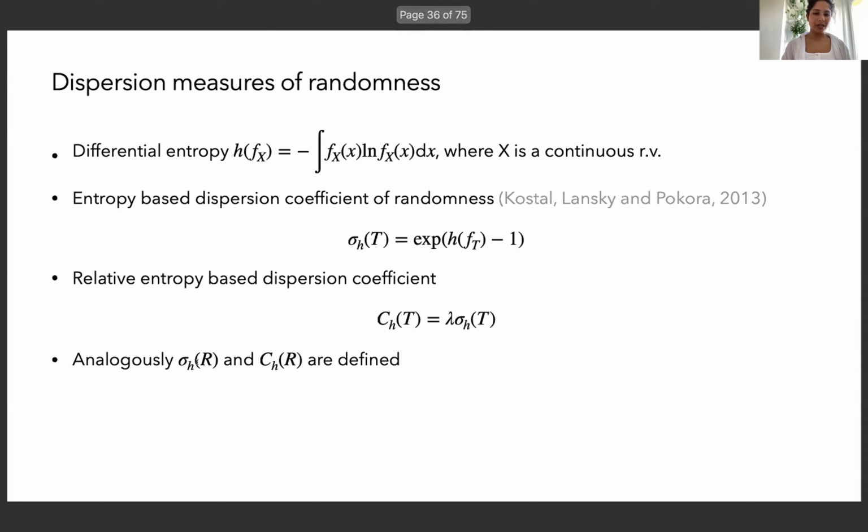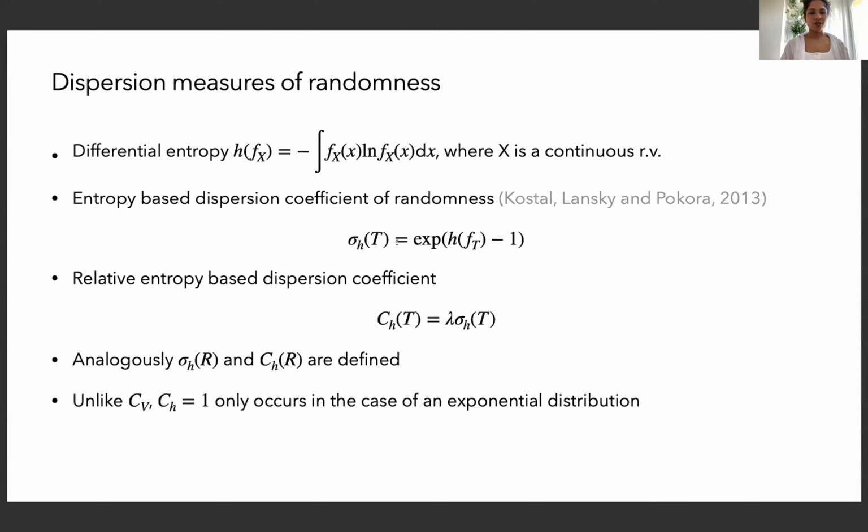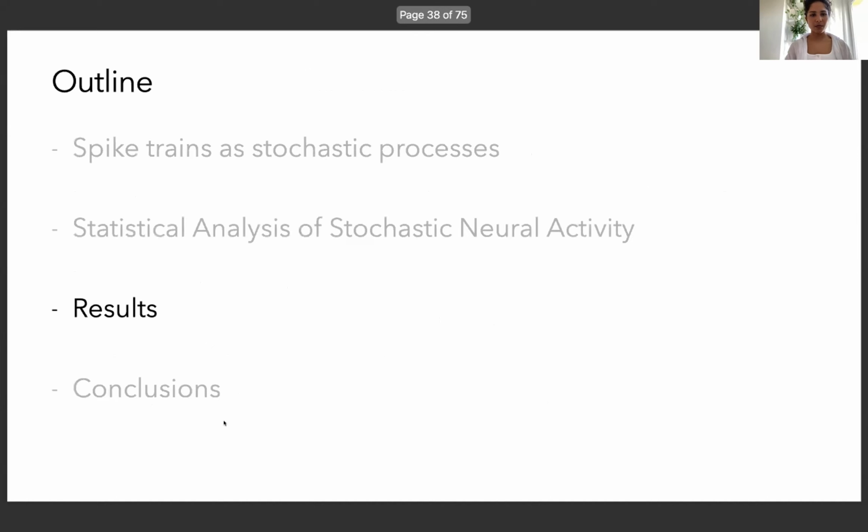Similarly, sigma h and CH for the instantaneous rate are defined analogously. We just change T to R here, and the definitions remain the same. Unlike the coefficient of variation, the value of CH being 1 only occurs in the case of an exponential distribution, and this is the maximum value of CH.